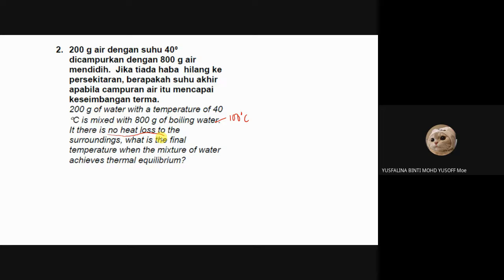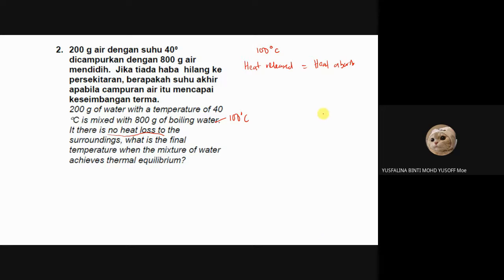100 degrees Celsius. Okay. So the formula that you need to use is, we assume that the heat released is equal to the heat absorbed. You told me just now the heat release is from the water that has 100 degrees Celsius, because it loses heat.